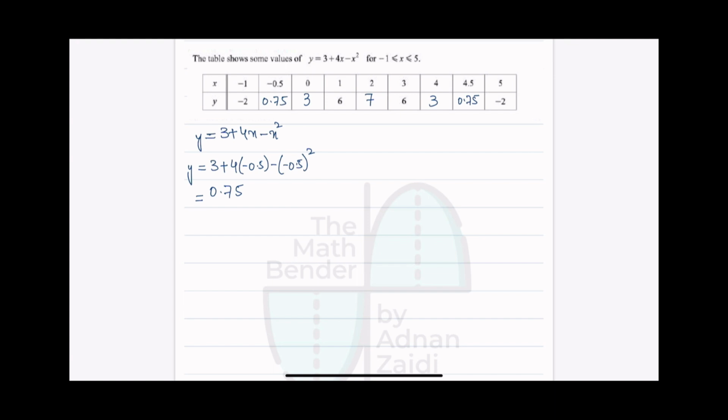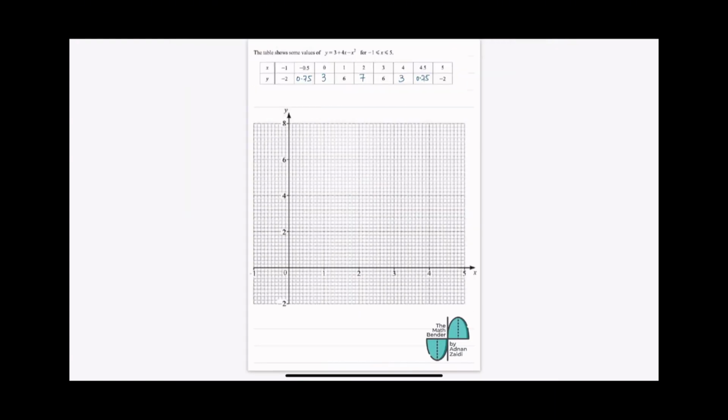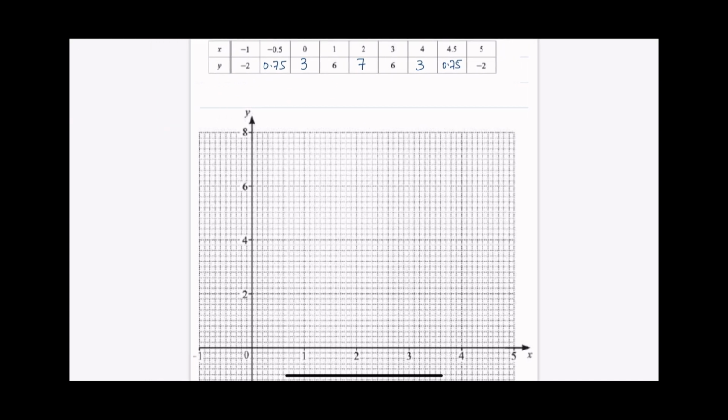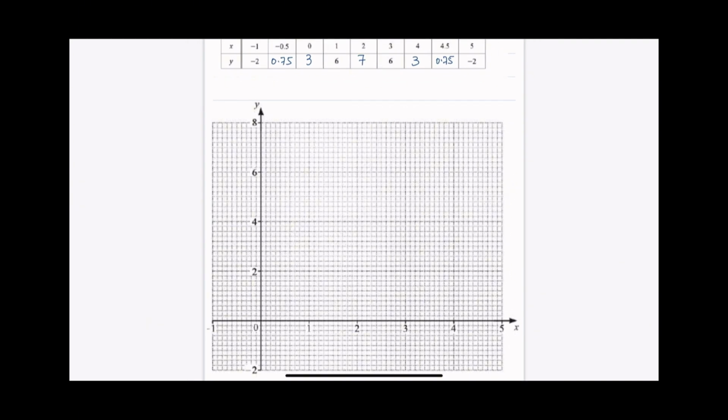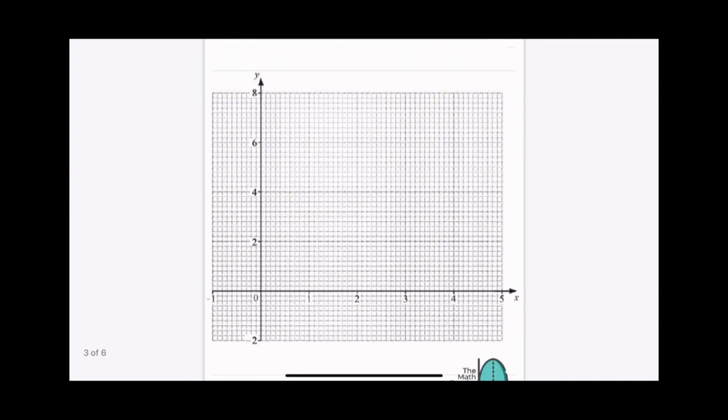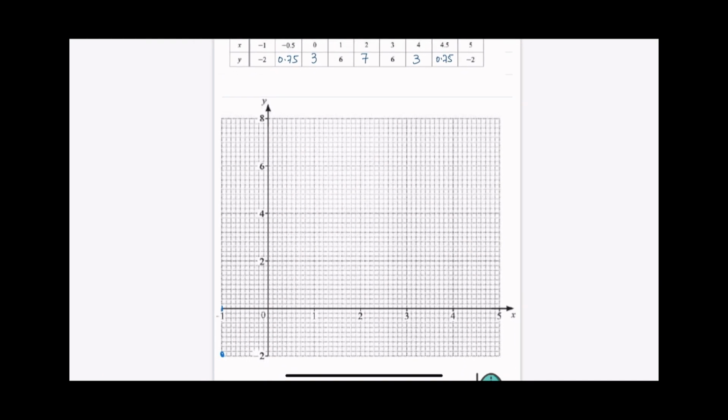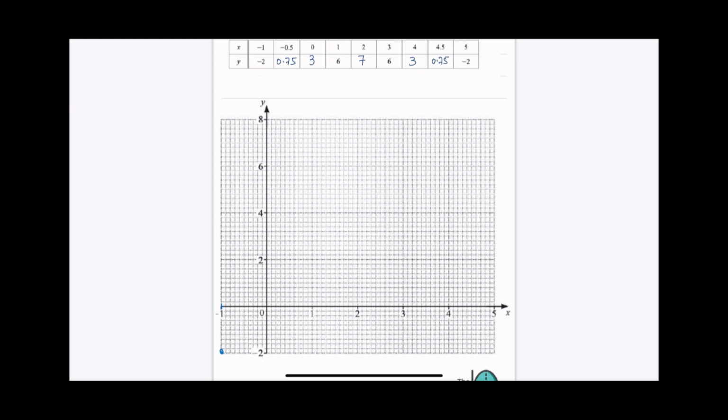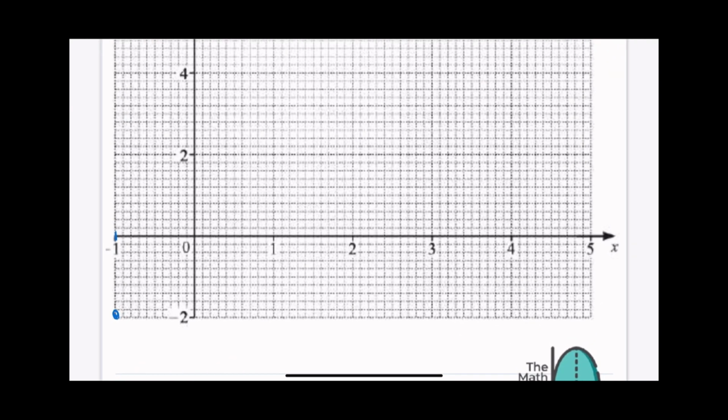Now let's draw the graph. Marking these values: at x equals -1, y equals -2. As you can see, x is -1 here and y is -2. At x equals -0.5, this is the midway line.